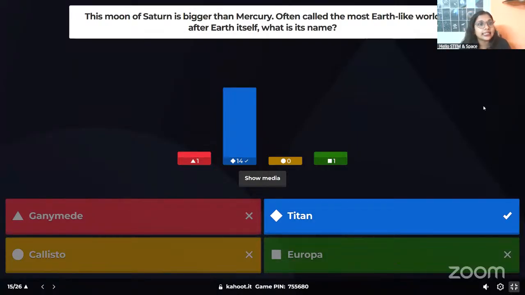It's actually Titan. Titan is considered to be the most Earth-like world in our solar system because it has a nitrogen-rich atmosphere, and also it has carbon-like compounds on its surface, like methane and all those elements. Because of these conditions, there might be a potential chance for life.